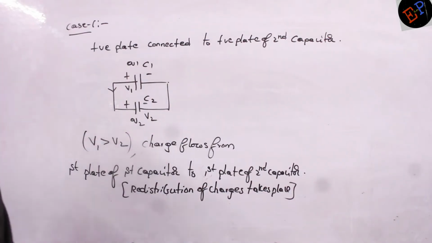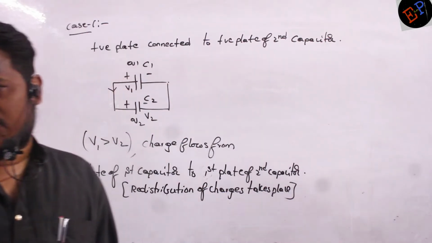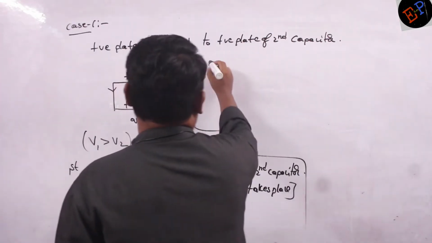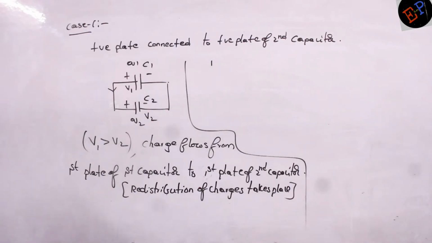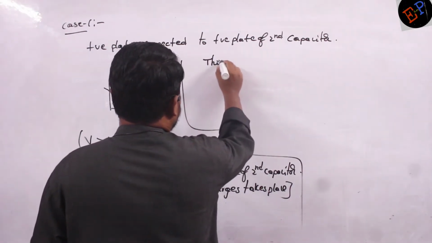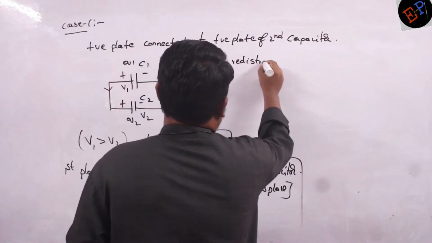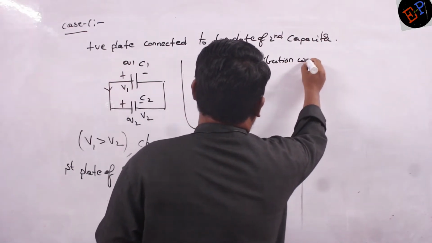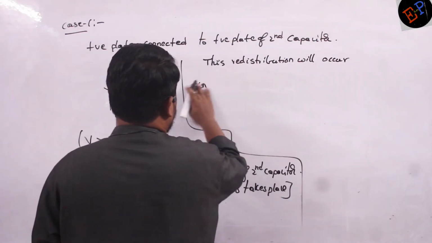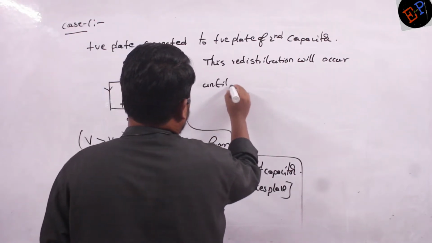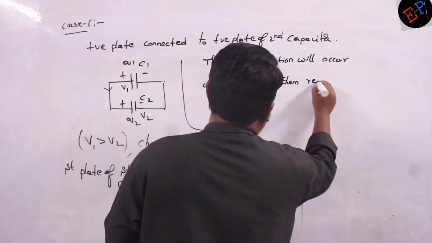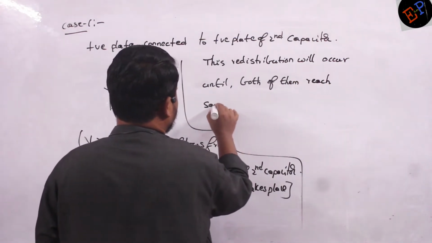This redistribution of charges will take place up to which position? It continues until they get equal potential, until both of them reach the same potential.